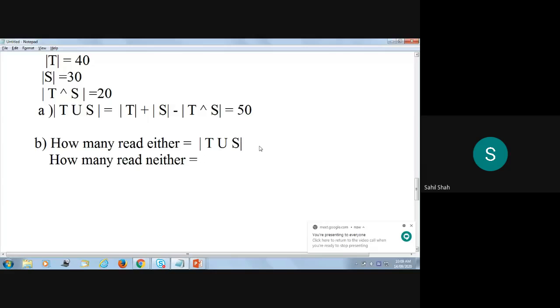That is nothing other than cardinality of T union S bar. If it is read either, we are taking union. If it is read neither, neither this nor that, that means it is complement. Complement of what? This.